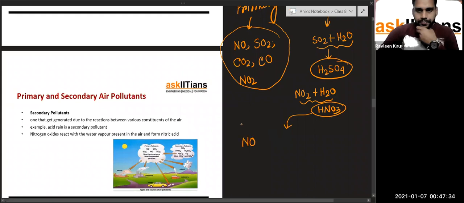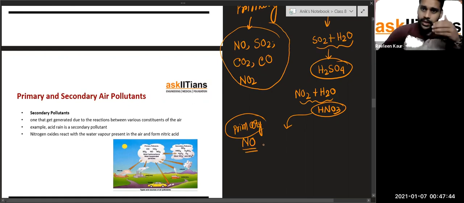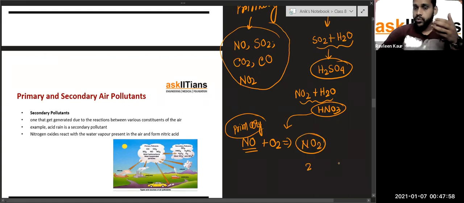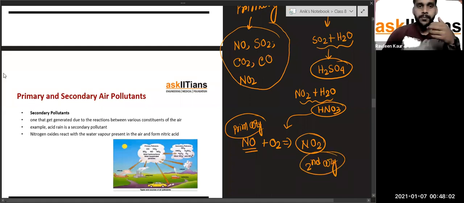Now, after getting released, when this NO reacts with the oxygen present in the atmosphere, it forms NO2. Now this NO2 is a secondary air pollutant. Getting my point?